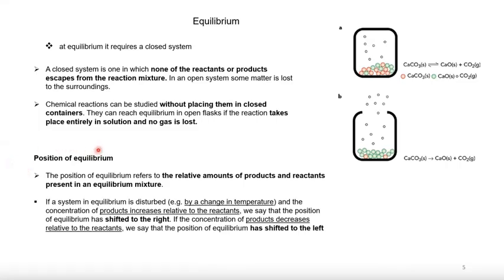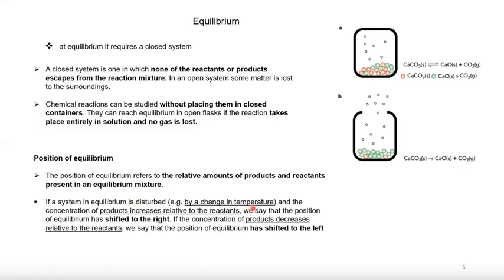Position of equilibrium. The equilibrium position may change. So we will find out how the equilibrium position changes. The position refers to the relative amounts of products and reactants present in the equilibrium mixture. If the system in equilibrium is disturbed, how can we disturb it?